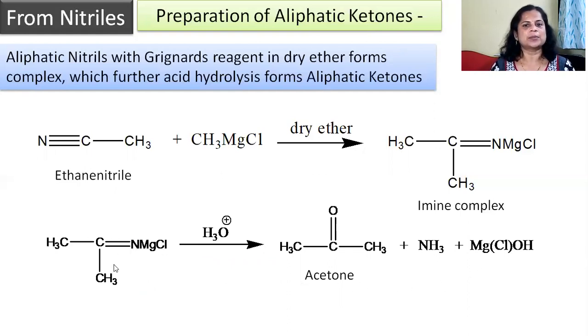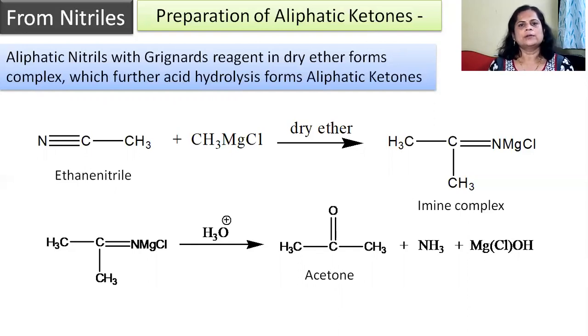CH3C CH3 double bond, and oxygen is introduced here into the imine complex structure, and we get acetone as a product when we are using aliphatic nitriles with the Grignard's reagents. The formation of acetone means we prepare aliphatic ketones from Grignard's reagents and nitriles.